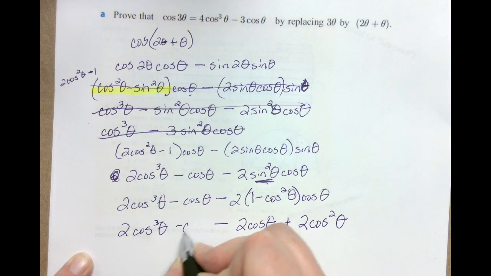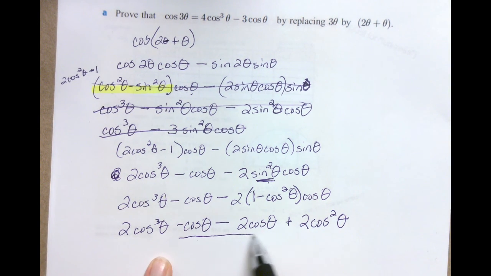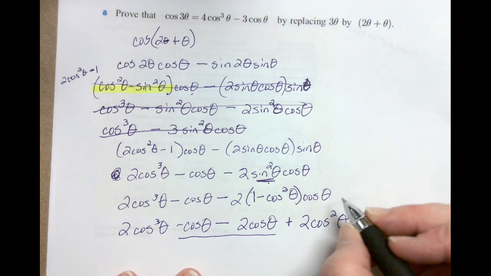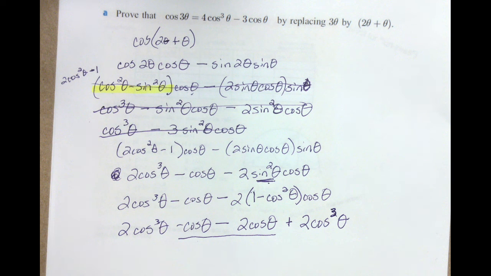What does that make? And what does that make? Isn't that cool? Wait, should it be a cosine cube? Yes. Sorry, yes. Yep.